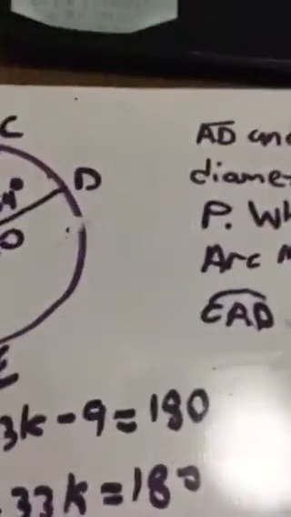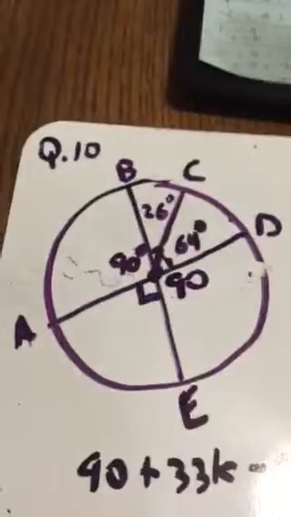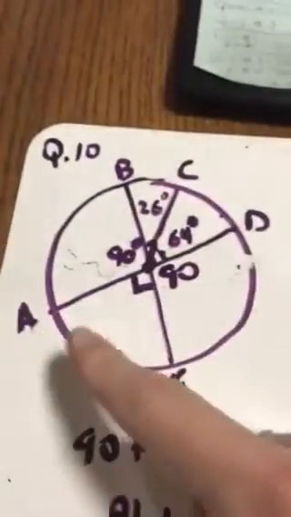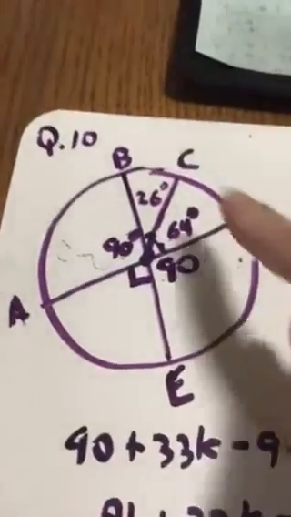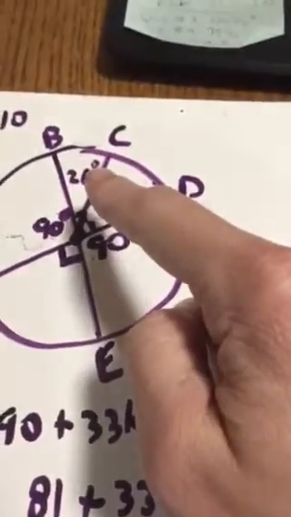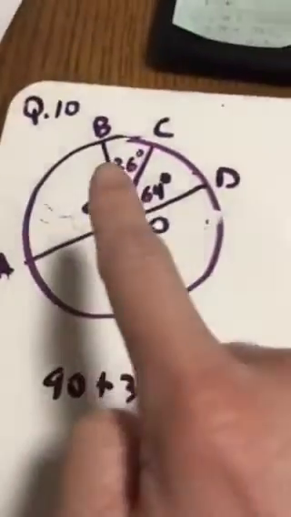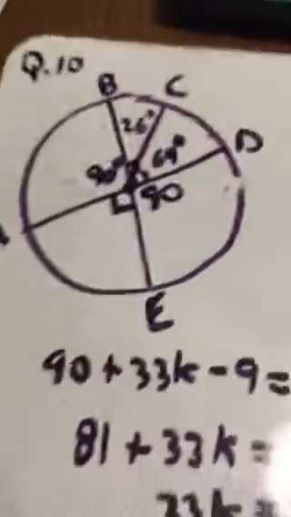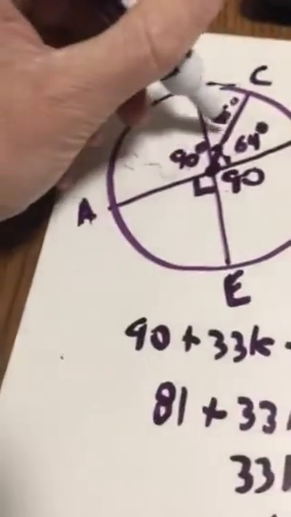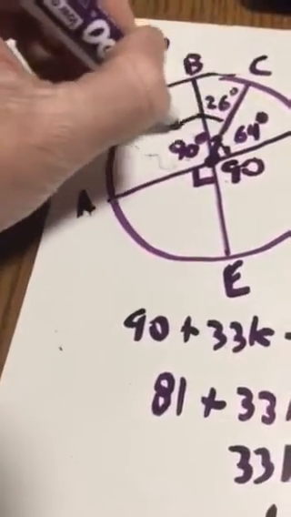Now all you have to do is sum up your angles for CAD, which is 26 plus 90 plus 90 plus 90. That will give you a total. We're looking for this angle right here.